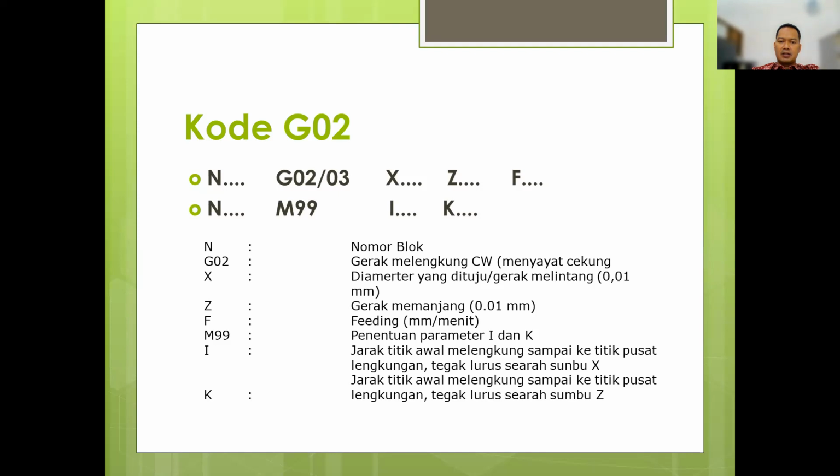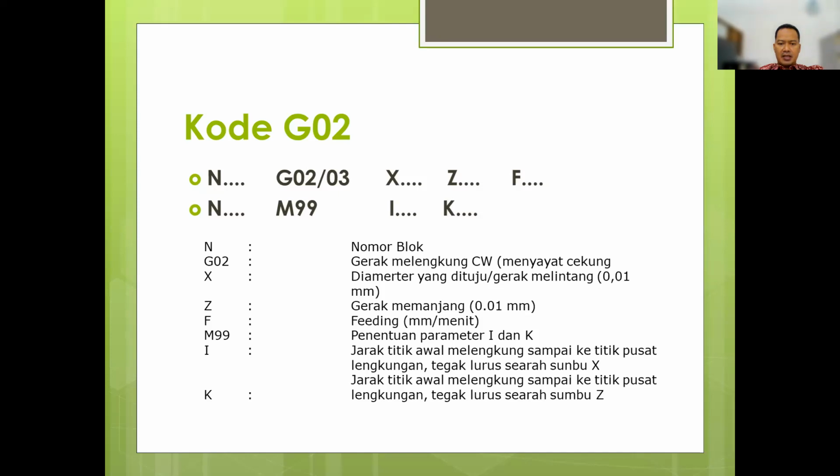N is the same, this is the block number, and then G02 or G03 is for the circular movement. There are two types. G02 is for clockwise movement, and G03 is counterclockwise movement. And then Z is the distance of linear movement, and F is the feed in millimeter per minute. And M99, this is the code for I and K parameters.